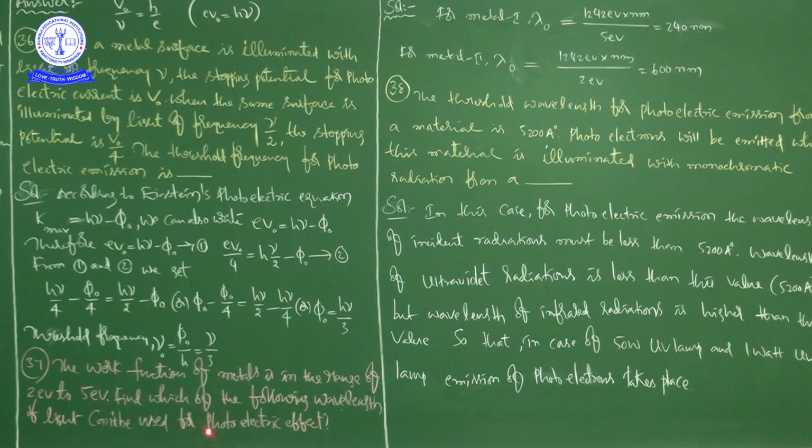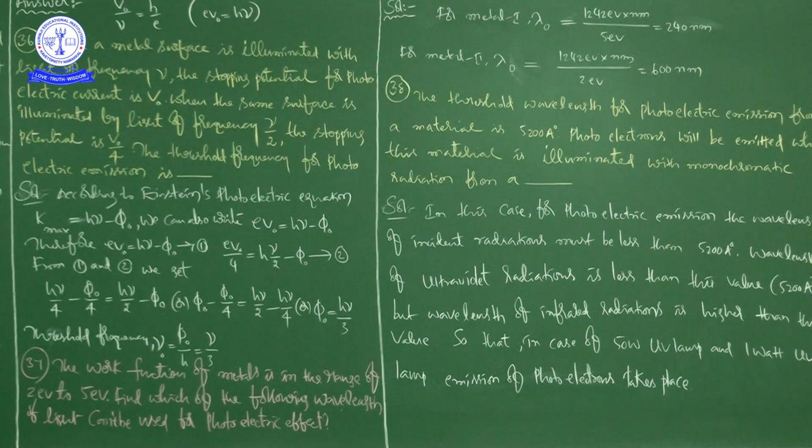I request you to keep in mind the relations between the various physical quantities we came across with respect to the photoelectric effect phenomena. So you just observe here, in one case it is 240 nanometers, in another case it is 600 nanometers. So you can choose 600 nanometers as the answer according to the question.